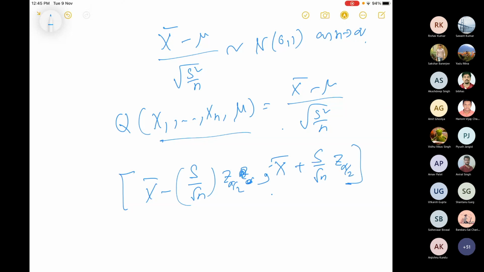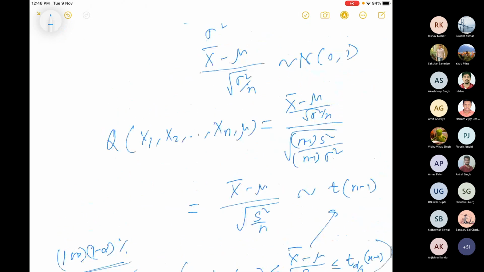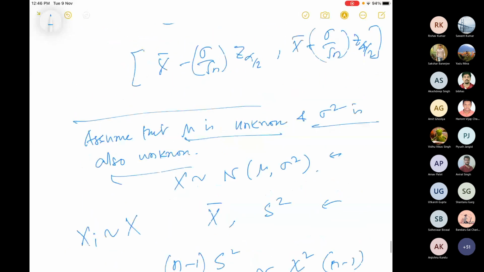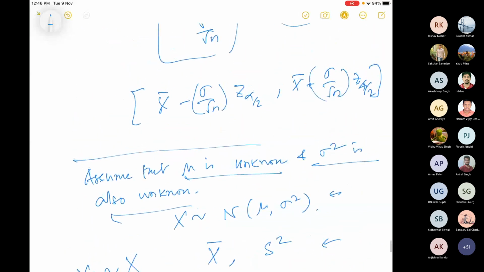So this is again a confidence interval for mu. Here we discussed when sigma is known, sigma is not known, normal, not normal, we have a confidence interval for mu, the population mean.